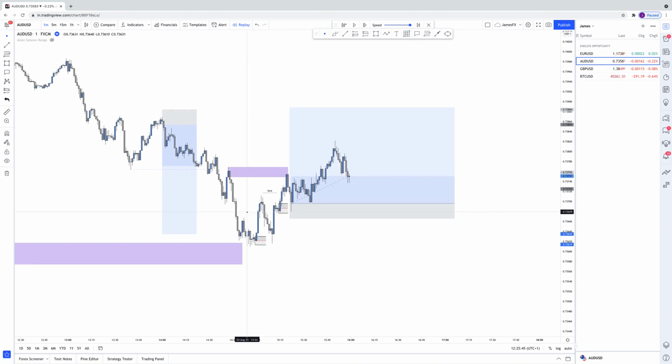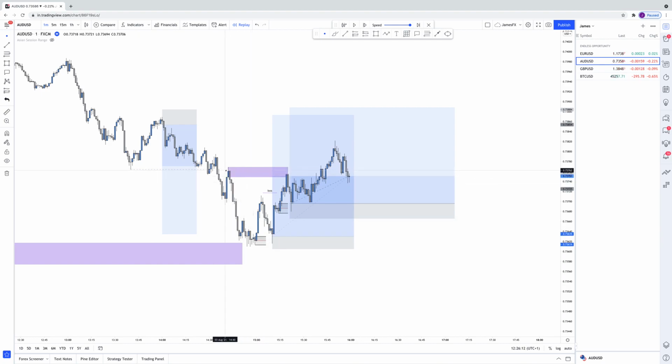I didn't take this entry down here, but the reason why this is classed aggressive, in my opinion, is because we have a lower low and we have a lower high. Price pulls back, comes down, but it closes below and it's not really a convincing swing point. And bearish order flow is still intact.